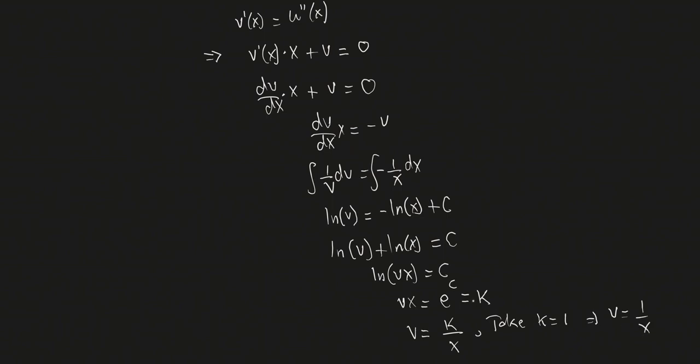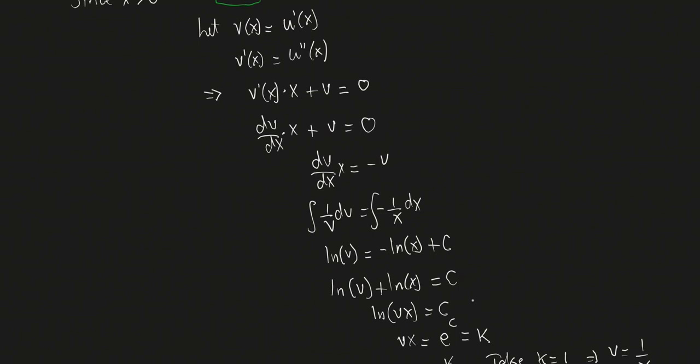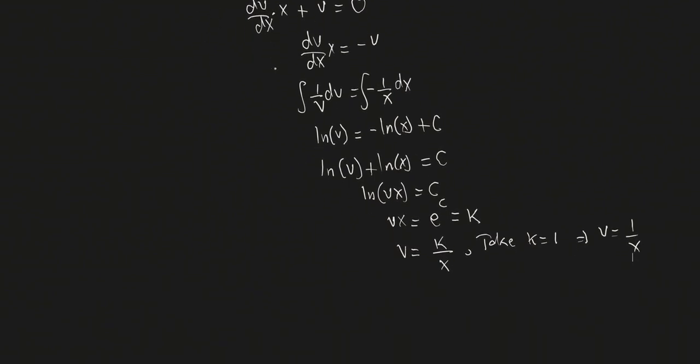So if v is 1 over x, look at what happens here. If I put 1 over x here, I can then figure out what u prime, or what u is, right? So I'm going to go back down. So therefore, 1 over x is equal to u prime. So what function do I know when I differentiate it gives me 1 over x?